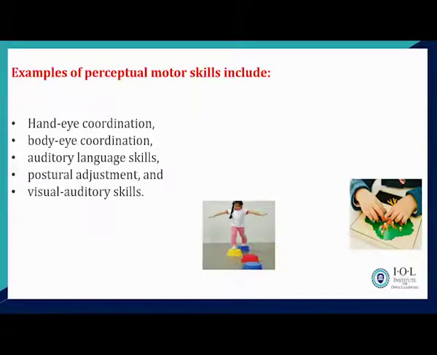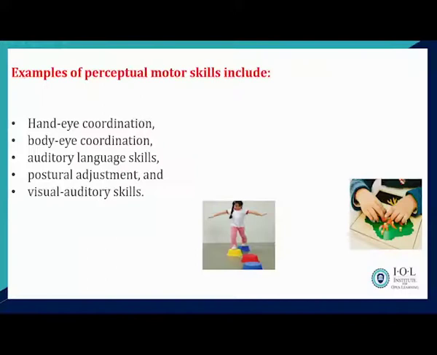Are they standing straight? Are they struggling to stand straight with their legs, etc.? And the visual auditory skills. Now, the perceptual motor skills, you should think of the child, the development stage of the child, and what the child is able to do if you want to explain the concept clearly in detail.